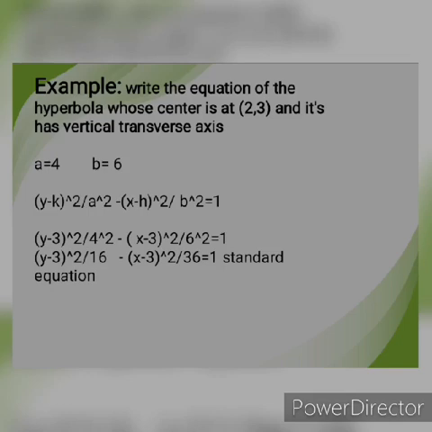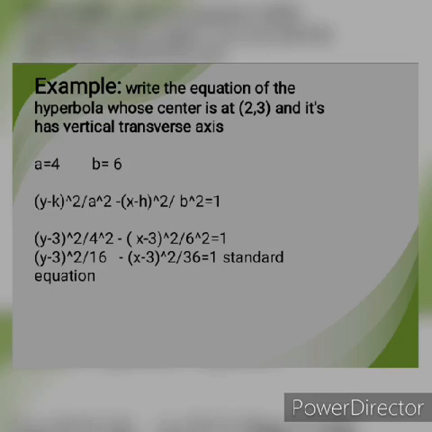Next, we're going to substitute that. So we have (y - 3) squared over 4 squared minus (x - 3) squared over 6 squared is equal to 1.